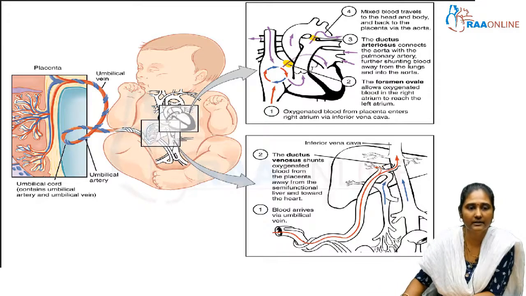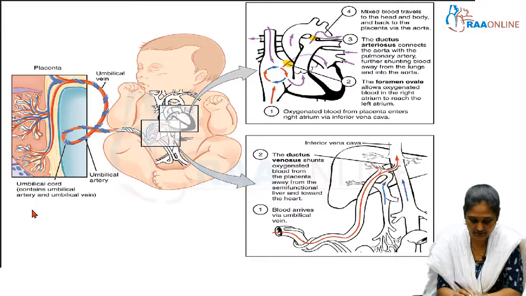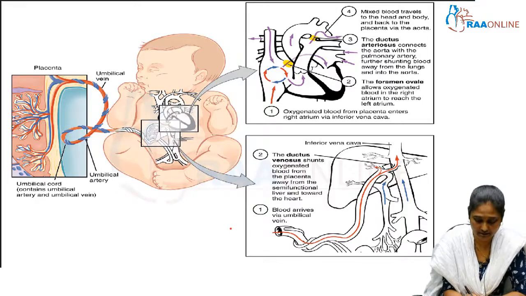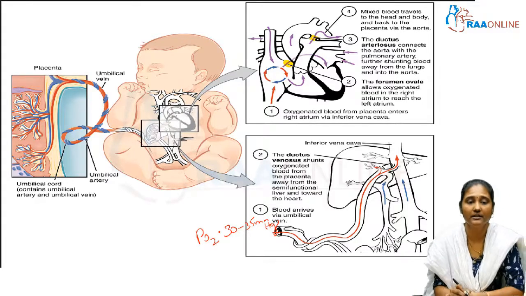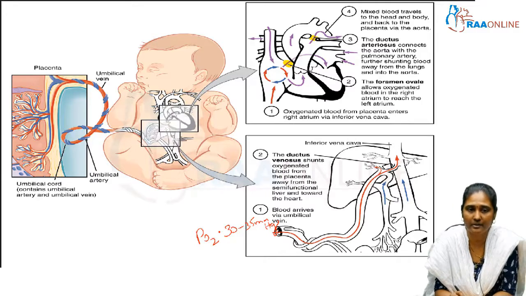The partial pressure of oxygen in the blood of the umbilical vein is only around 30 to 35 millimeters of mercury. This is the highest oxygen tension inside the fetus.